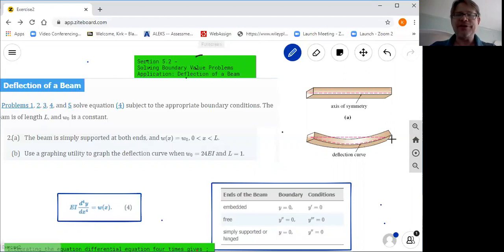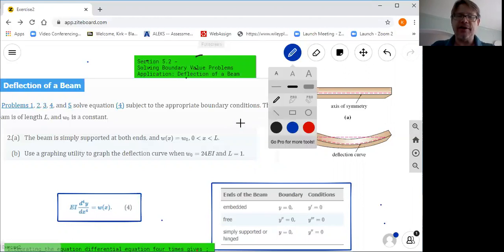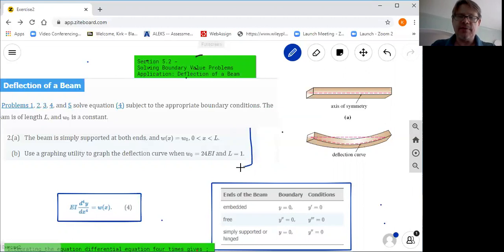If we want to solve a problem like number 2 in your text, which we see right here, it says, suppose we have a beam that we know is simply supported at both ends. Those are the boundary conditions, if you will, or at least the start of the boundary conditions.